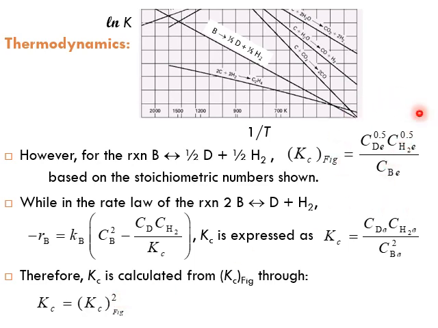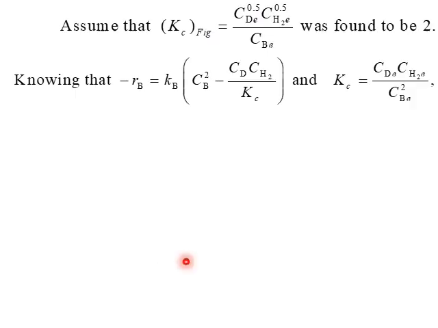Basically, if you take this expression and raise it to the power 2, we end up with this expression, which expresses the value of Kc used in this rate law. So for instance, if from the figure at a given temperature we found that the value of Kc equals 2, then the value of Kc in our rate law will simply be 4.